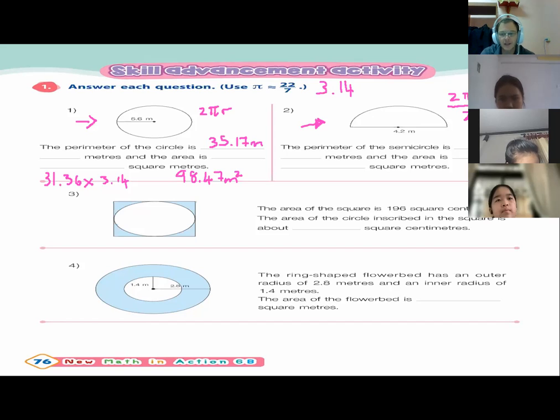And then if you calculate that, you will get an answer of 6.92 square meters.